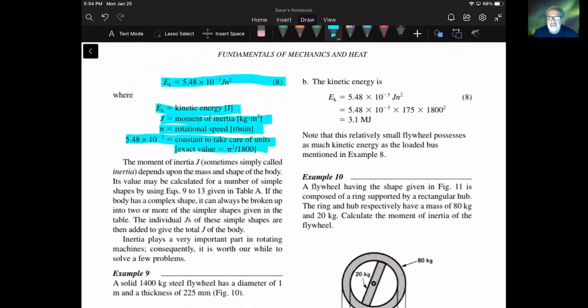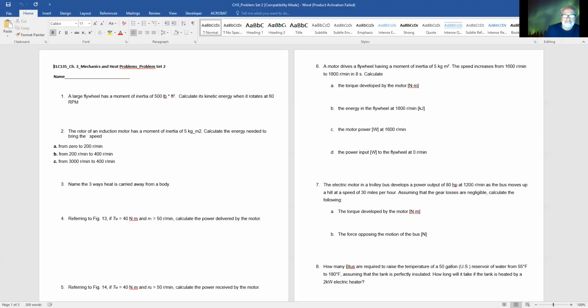Let me pause this and bring that homework problem up. I can't draw on these Word documents like I can on a PDF, so I'll just try to highlight it. This J number here is 5 kilogram meter squared. That really should be a multiplication in there, for the J number designation. It's asking for the energy, and that would be in joules.